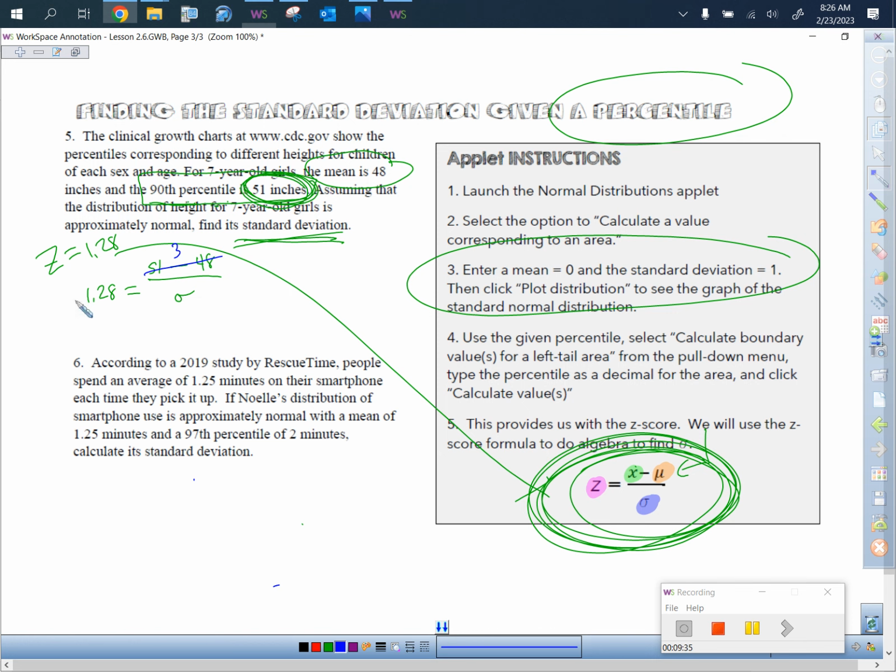So when I do that, this would turn out to be 1.28 times sigma, and these would cancel each other out, and you're just left with a 3 over there. So 1.28 sigma equals 3. And since these are being multiplied together, how can I get rid of that times 1.28? How do you get rid of multiplication? We're going to divide. That'll be 3 over 1.28. And then I'll go to my calculator. Sorry, I don't have it open.